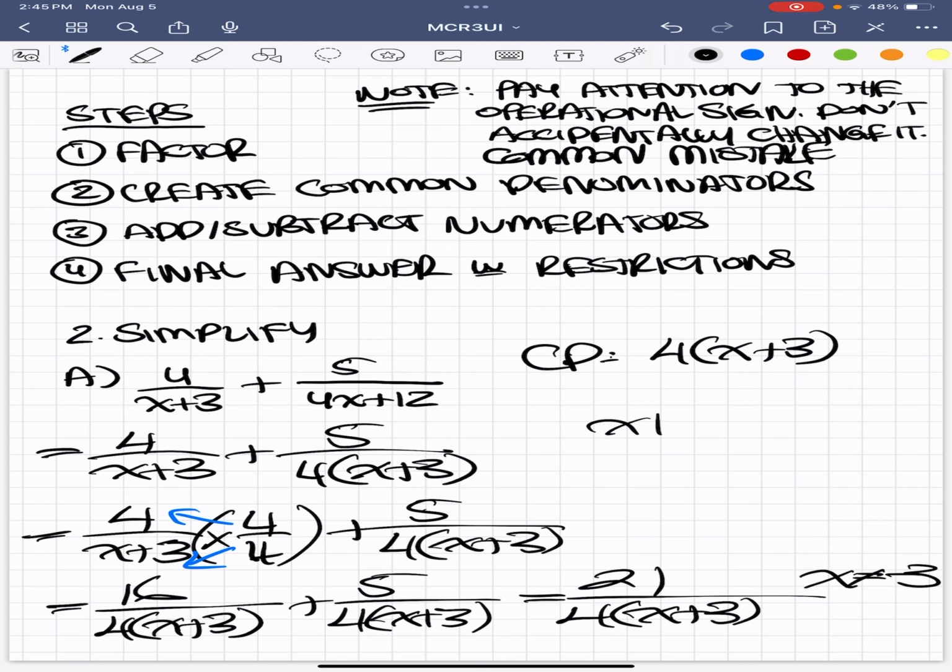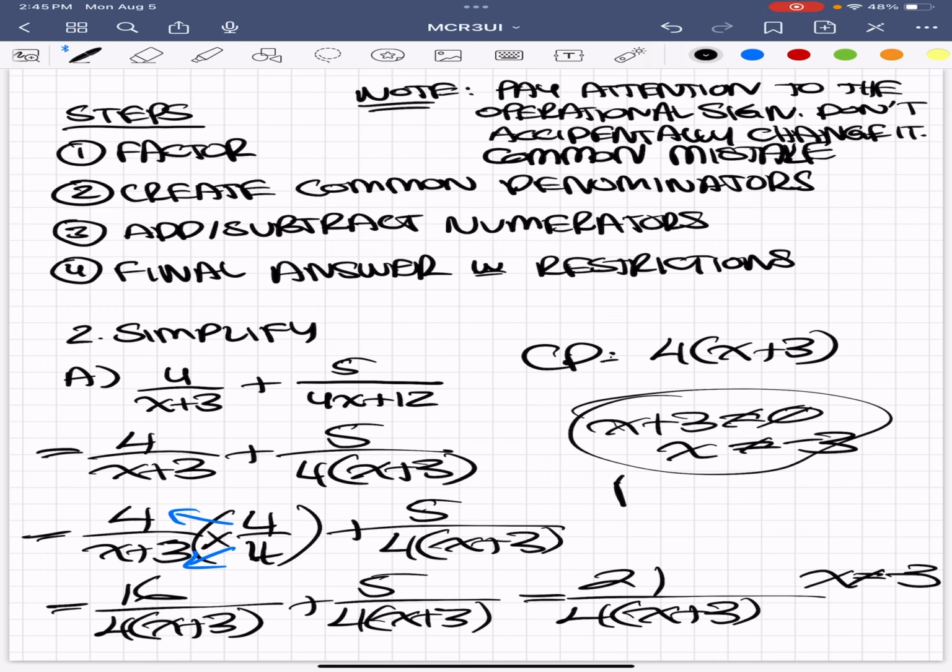So we have x plus 3 cannot equal 0, and then we have x cannot equal negative 3. That's how we found the restriction.